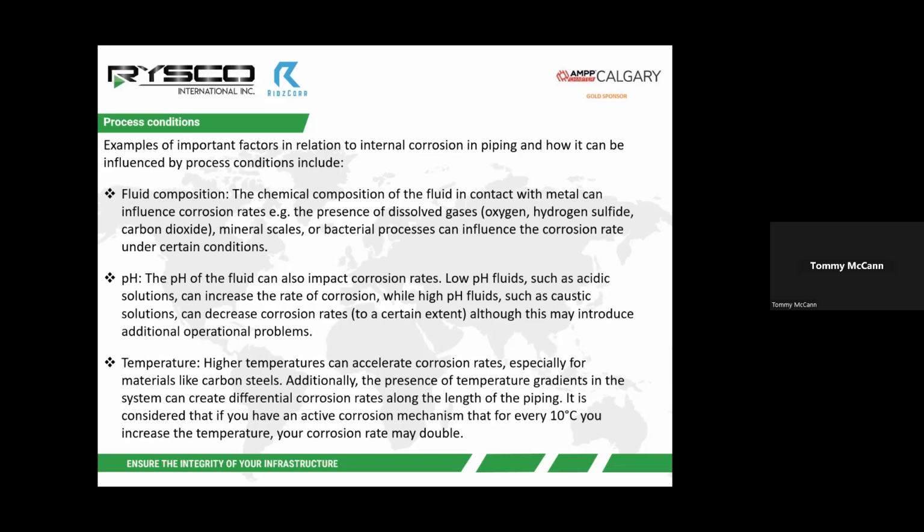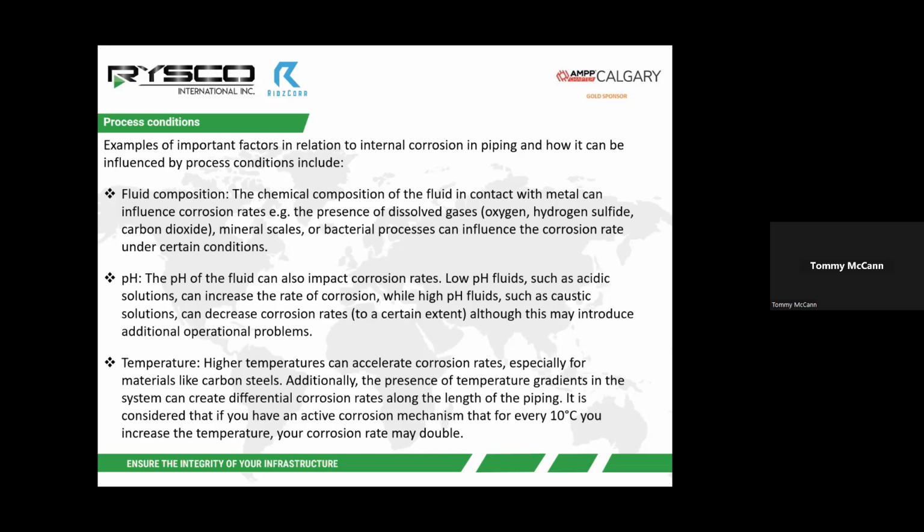So the first one would be fluid composition. If you have fluid within the system which is potentially contacting metal, the makeup of that fluid can really influence your rates.